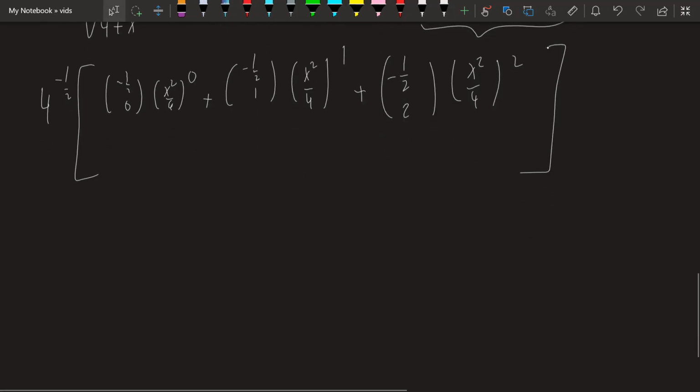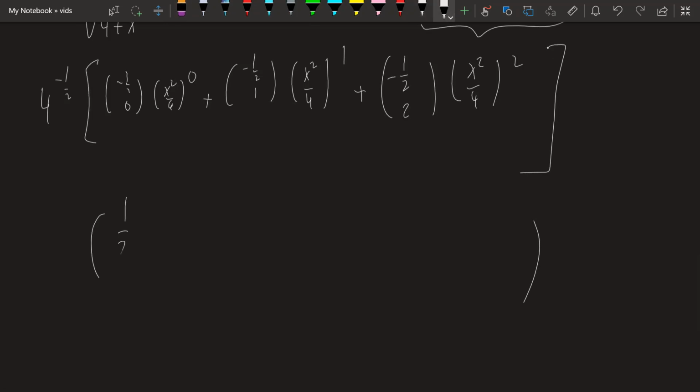Right? Now let's evaluate this. We're gonna get, using a calculator, now 4 to the power of minus half is just 1 over 2. And then let's just evaluate. I'm just gonna remove the half and multiply it inside the brackets.